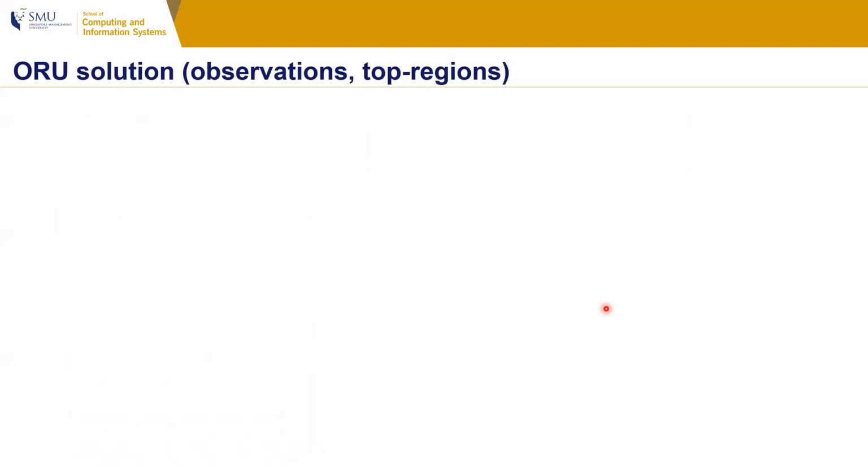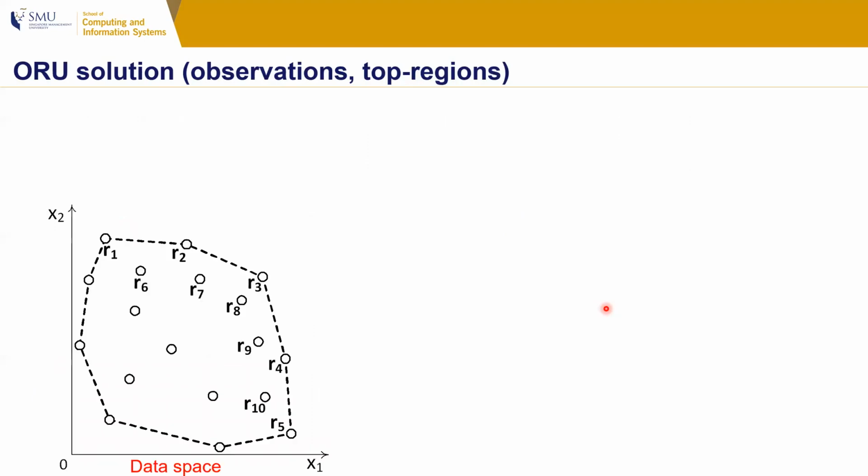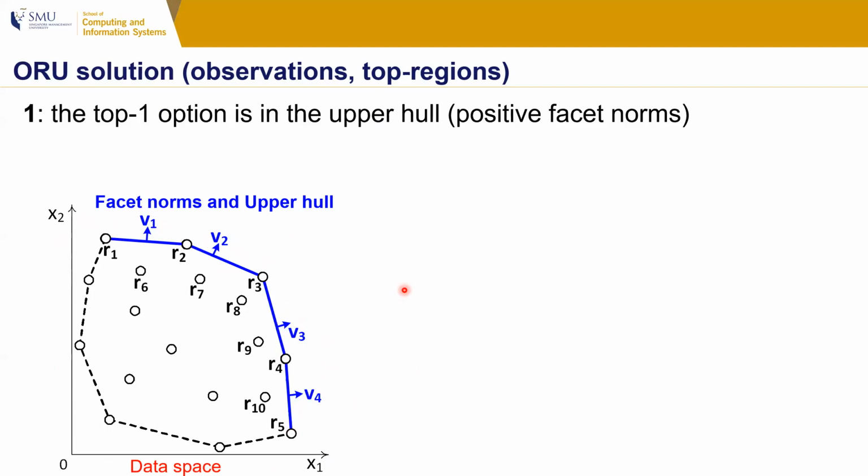Let me then start describing briefly our ORU solution. Over here, we're starting with the concept of the convex hull of the dataset. Now, if we focus on these facets of the convex hull whose norms are positive, which we're showing in blue here, and their norms are these vectors v1, v2, v3, v4, well, only the records that fall in this blue part of the convex hull, which we call the upper hull, can be the top-one option for any possible weight vector.